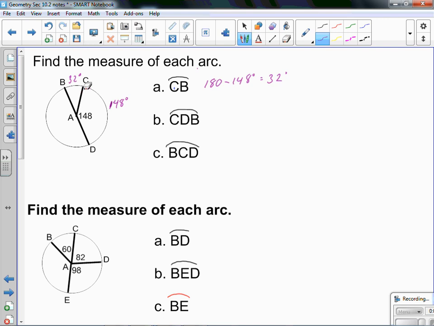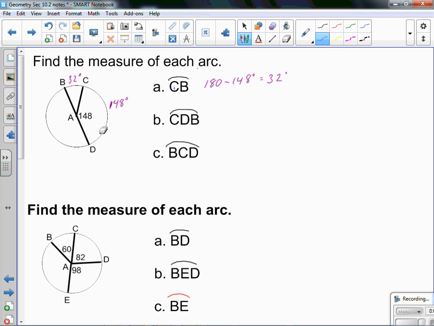Then arc CDB. This is going to be a major arc, and usually when we're dealing with a major arc, we list three points in the arc just to make sure we know that we're going all the way around. CB, we know, is the minor arc right here. If I said CB and meant this arc right here, we wouldn't know what that means.